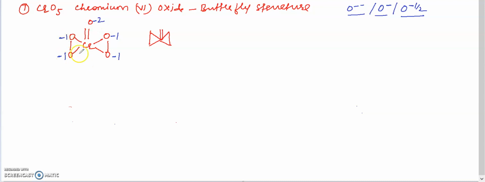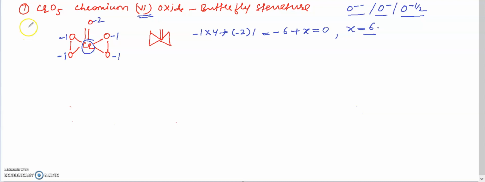So -1 into 4, then plus this oxygen which is -2 and 1 in number. So this will be -6 and this Cr will be +6. So -6 plus X is equal to 0, so X will be equal to 6. That's why it is written here as chromium 6 oxide.